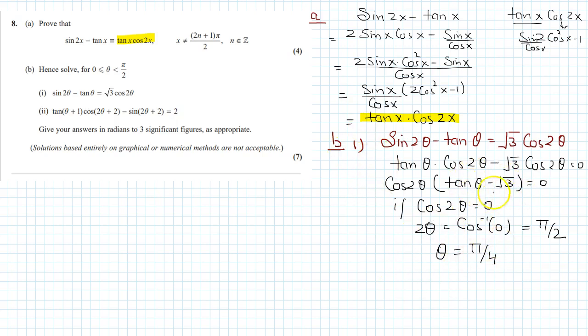And if tan theta minus root 3 is equal to 0, so theta is tan inverse root 3. So theta will be that is pi over 3.